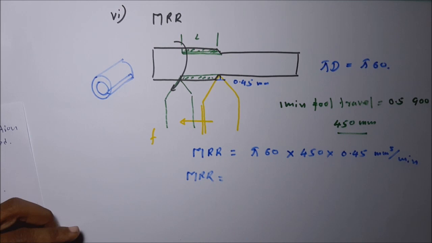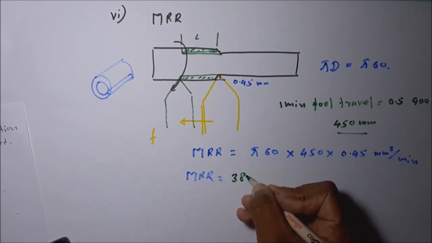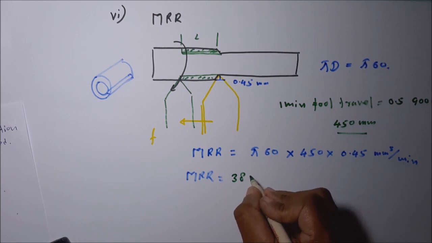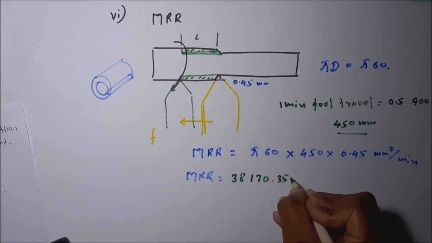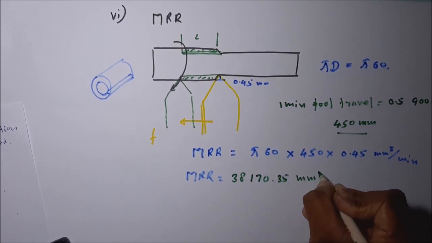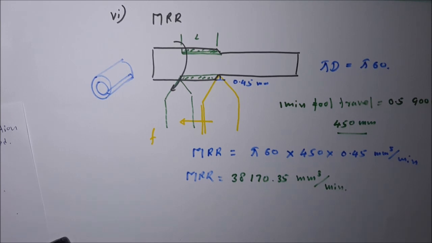That is equal to, we are getting the answer 38,170.35 cubic millimeter per minute.